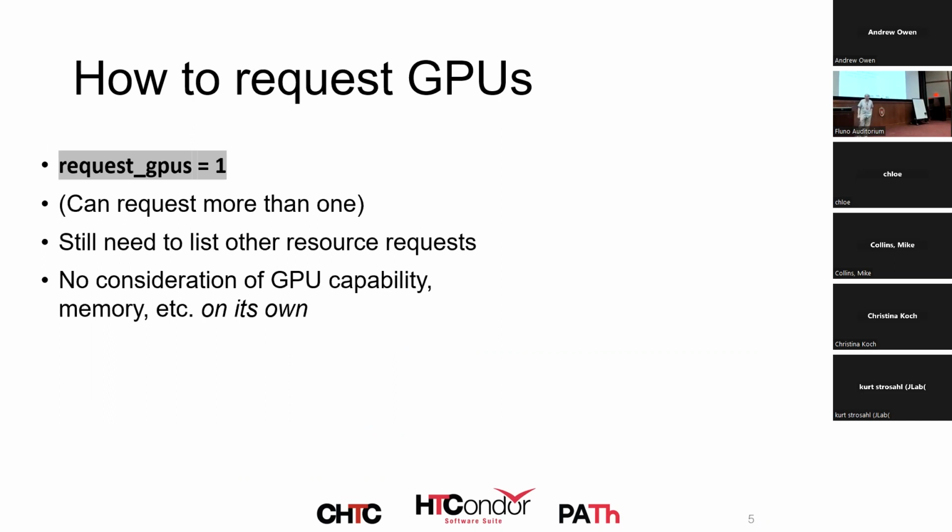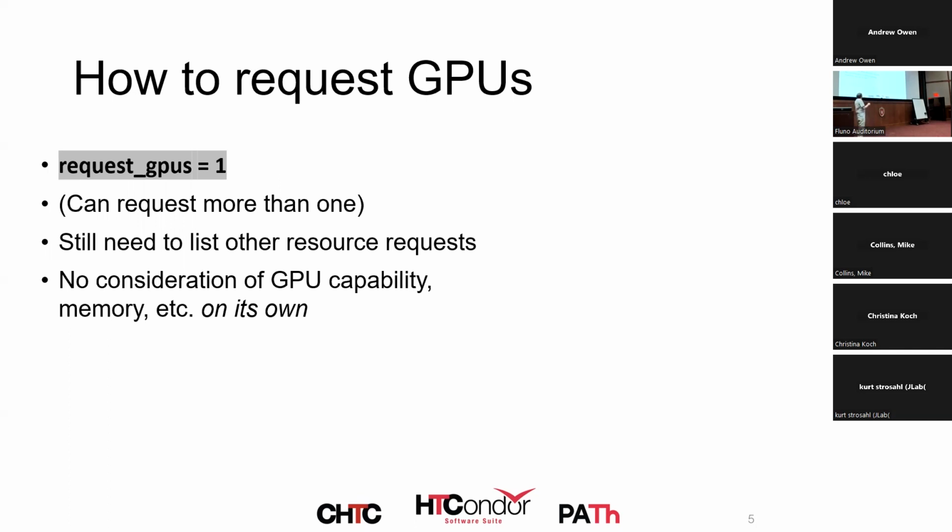For the users, how do you actually request GPUs? And I think, again, we've made this pretty simple. Just like any other resource, you would add a request for it. So request_GPUs equals 1 if you want 1, equals 2 if you want 2, and so on. Just be aware that you still need to list all the other resource requests that your job needs, be that memory, not GPU memory, but just regular memory, disk, and so on.